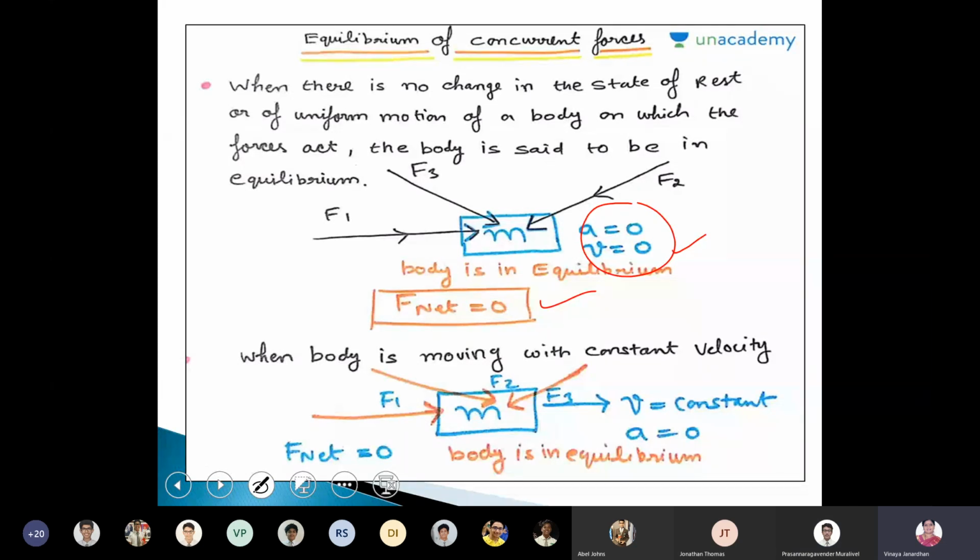Which means here all the forces are balanced. Balanced means the net force happens to be 0. So this is the application of concurrent forces. Concurrent forces are not going to change the state of rest or of uniform motion of a body. Ma'am, is it like all the forces cancel out each other? Yes, they cancel out each other.